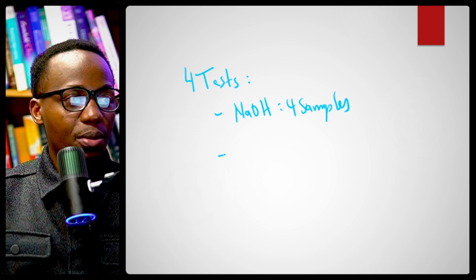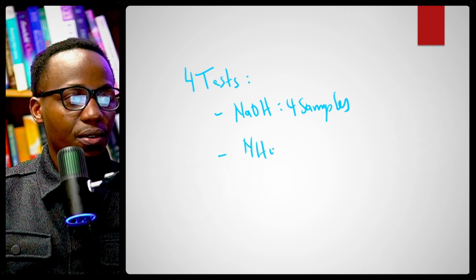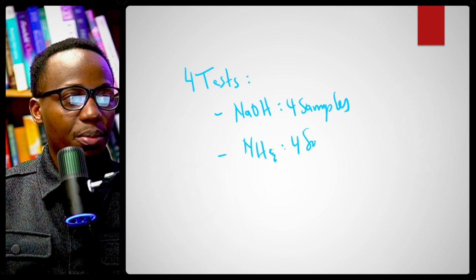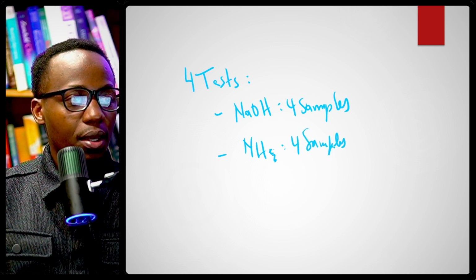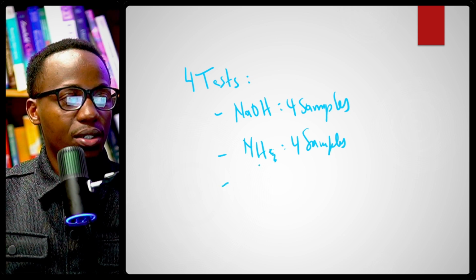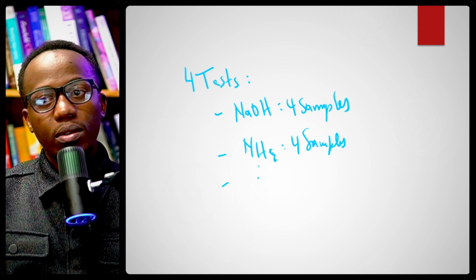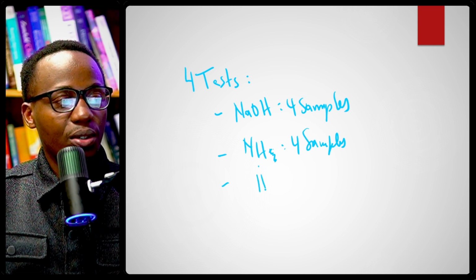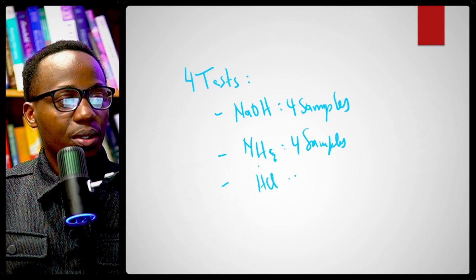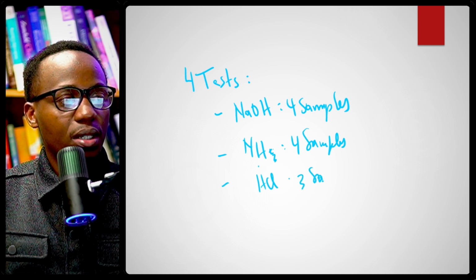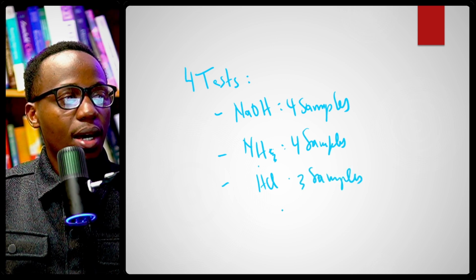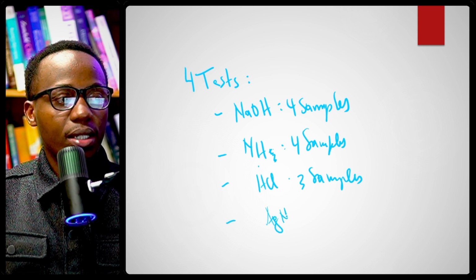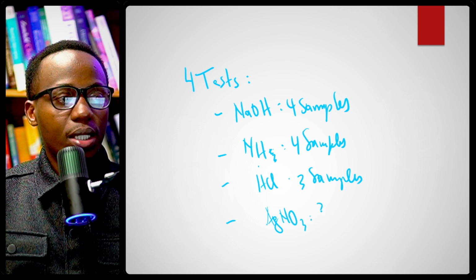The second one is ammonia, NH3, also 4 samples. And then the third, I think it's the CO2, the carbonate one, so it's going to be HCl. It's going to be 3 samples. And then we're going to add silver nitrate, 3 samples, right?